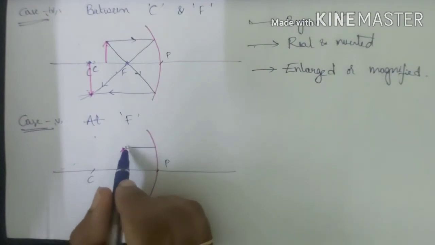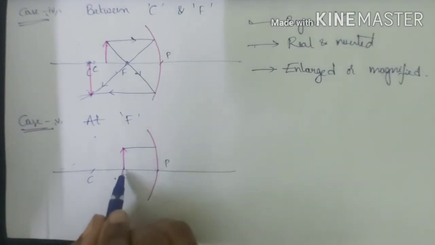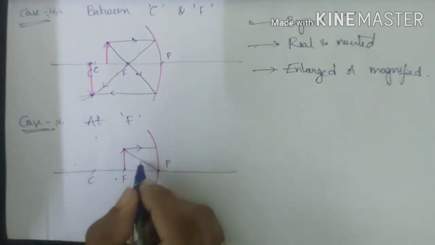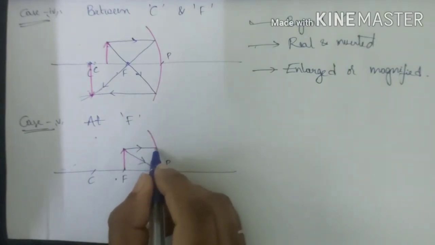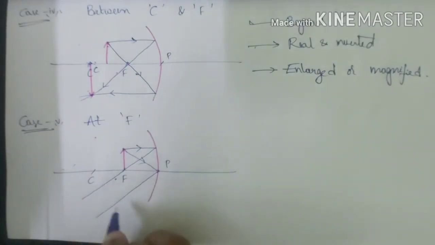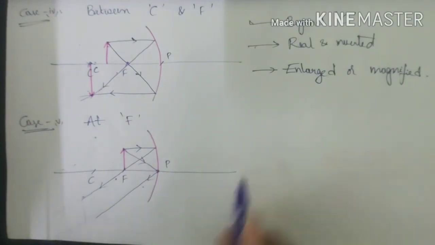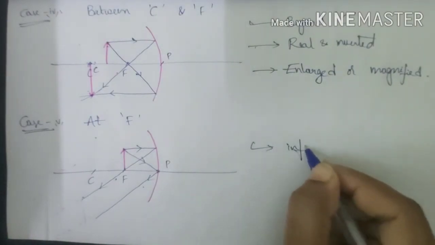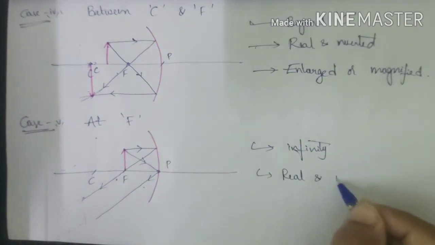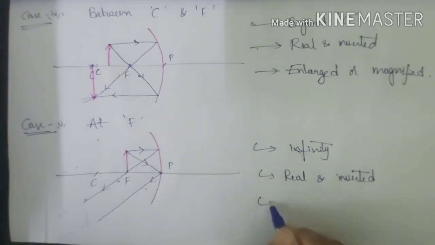Let me take ray 1 that is parallel to principal axis, and I am taking an oblique ray. As you already know, this will pass through principal focus and this will be reflected according to laws of reflection. So these rays will not meet because they are parallel rays, forming the image at infinity. And it is again real and inverted. Since they are parallel rays, the image formed at infinity will be highly enlarged.